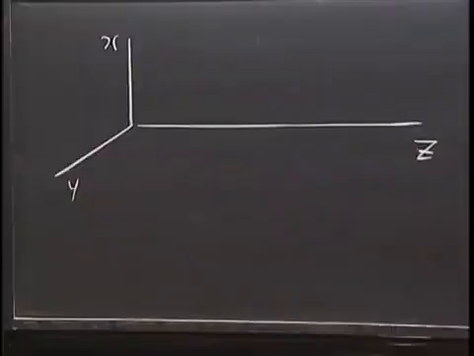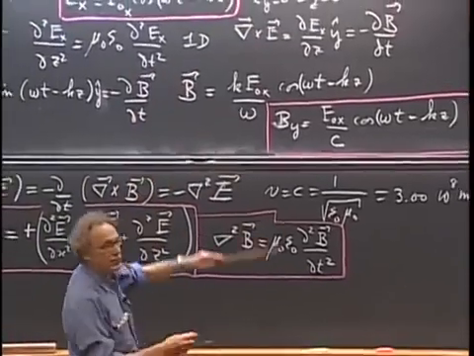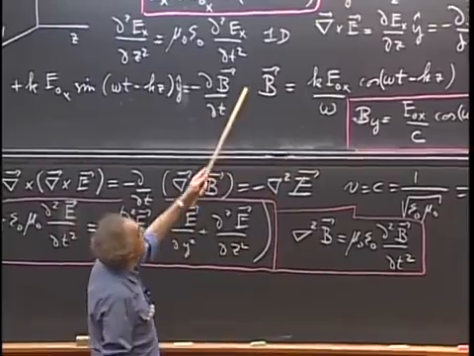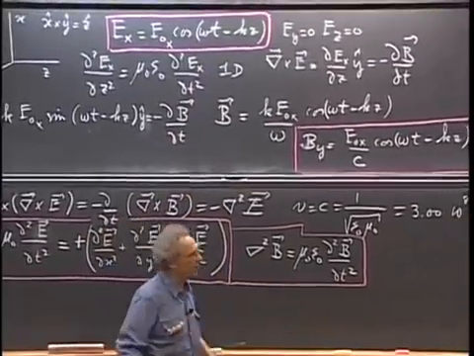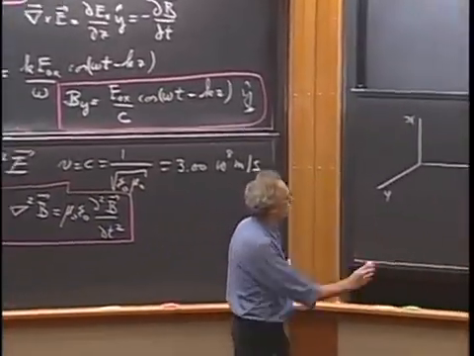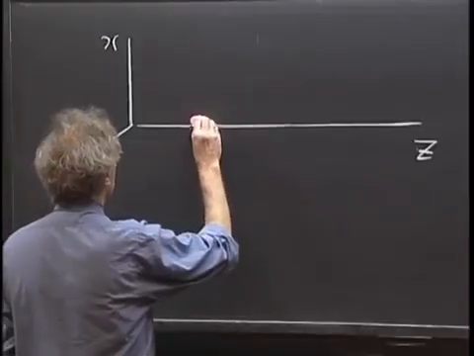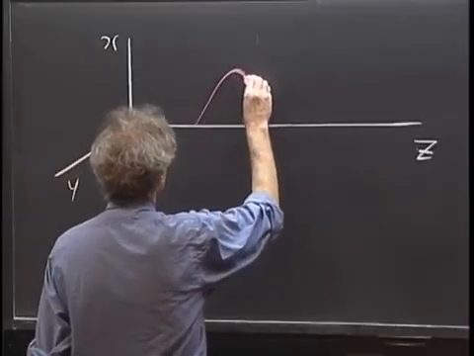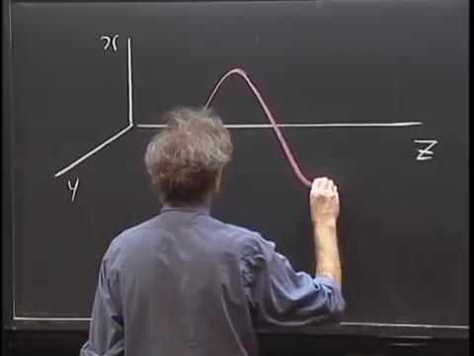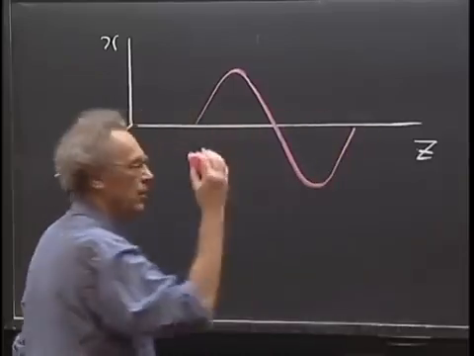I pick a particular moment in time, then I know that the E vector is a cosine function in z, because I pick a particular moment in time. And so I will try to put in here, it's a cosine function.